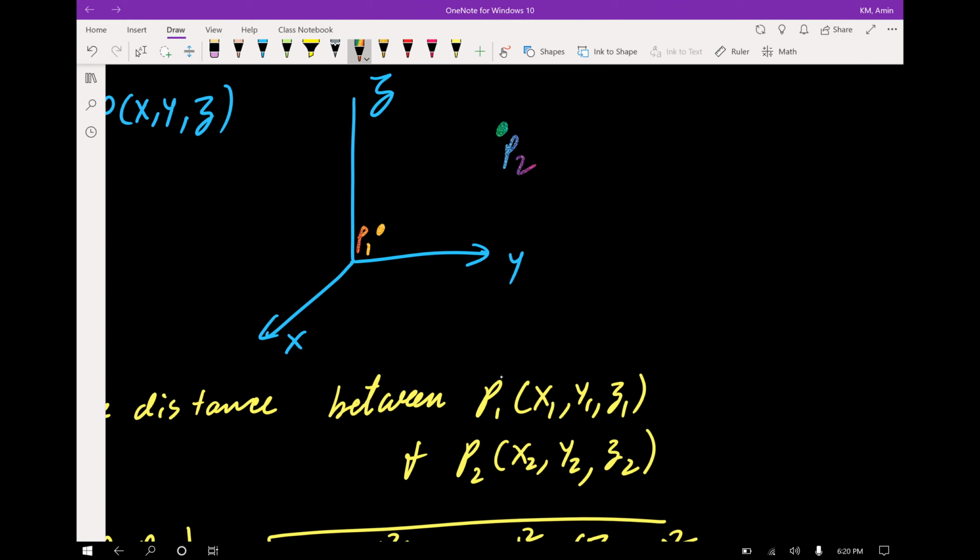So let's figure this out. That's technically your Y, right? So how do you find the Y distance? Y2 minus Y1, right? And then from there, you're going to come to this, which is the X distance, which is X2 minus X1.